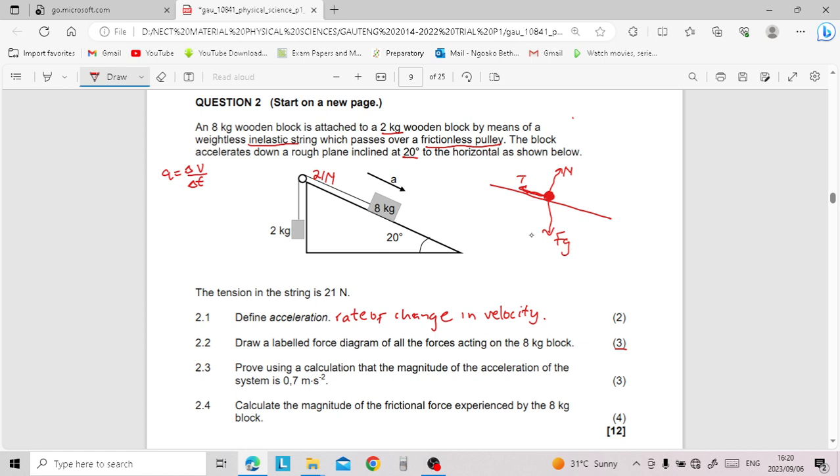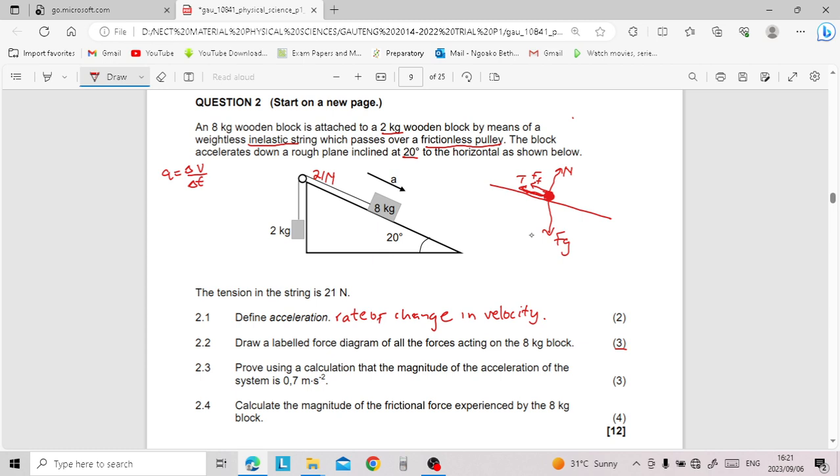They said frictionless pulley. Then what about the friction on the surface? It means there must also be a friction that is acting in that direction, the frictional force. Right, this is what we have.